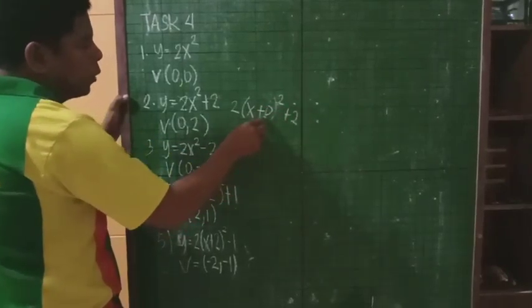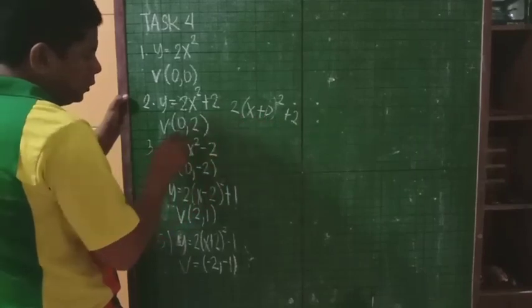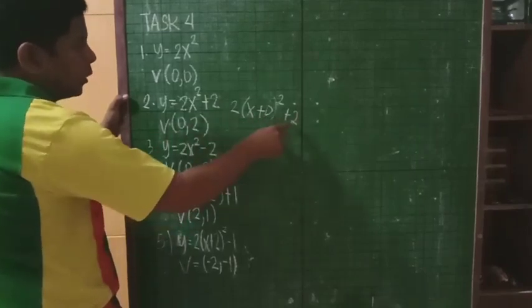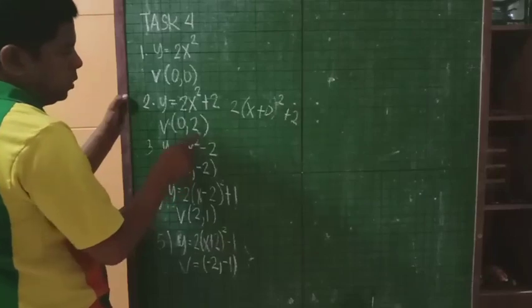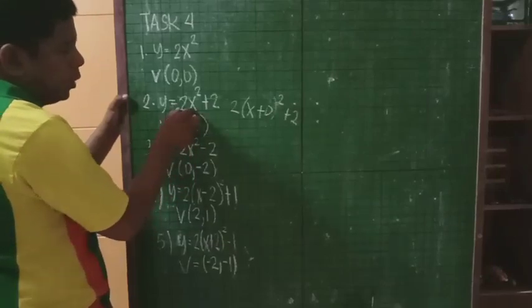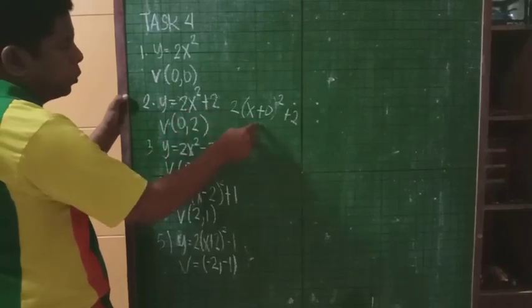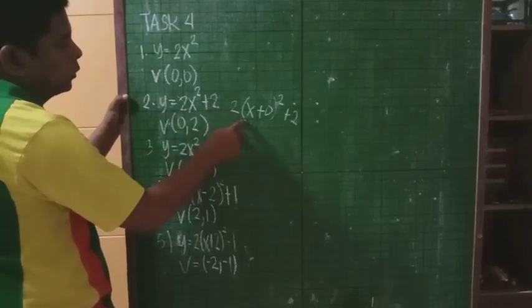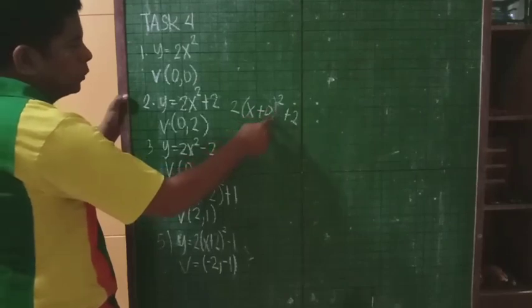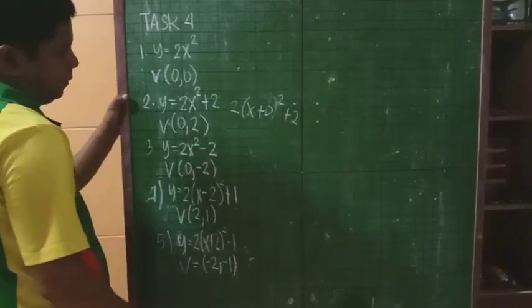So it means our h is 0 and our k is 2. Okay? So, naintindihan. Equivalent, yung y equals 2x squared plus 2 in the vertex form, that is 2 times the quantity of x plus 0, quantity squared, plus 2.